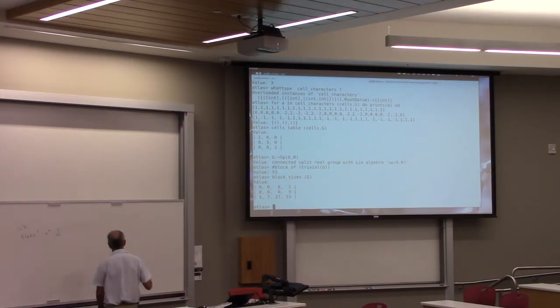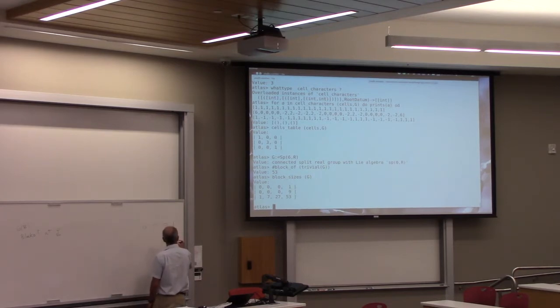And so in this case, the rows are 0, 0, 0, 1, 9, 53, 27, 7, 1, 0, 0, 0. The rows here are Sp(3,0), Sp(2,1), up to Sp(6,R).